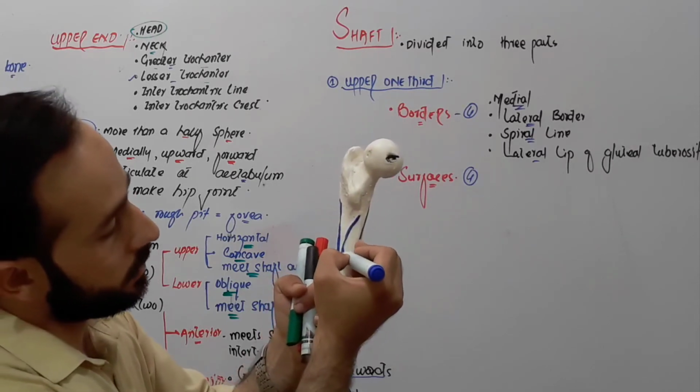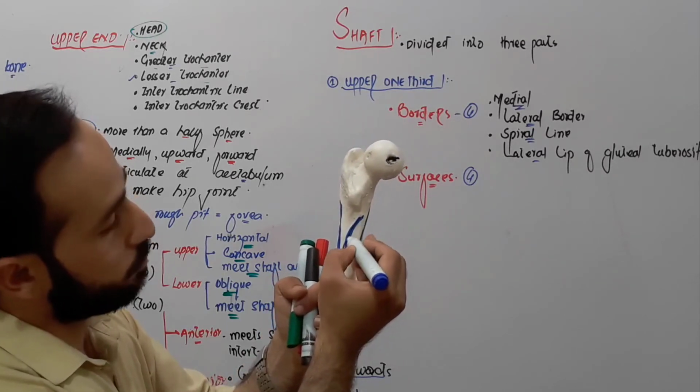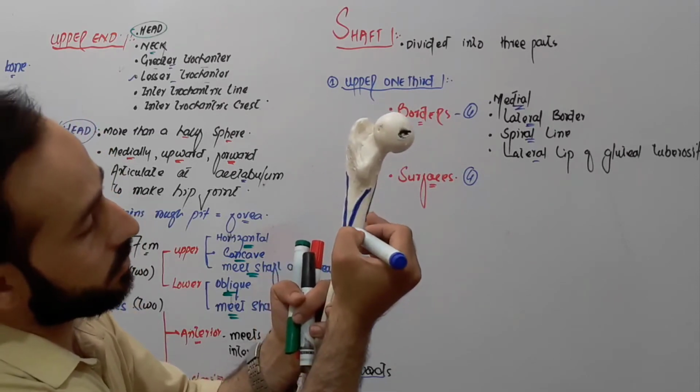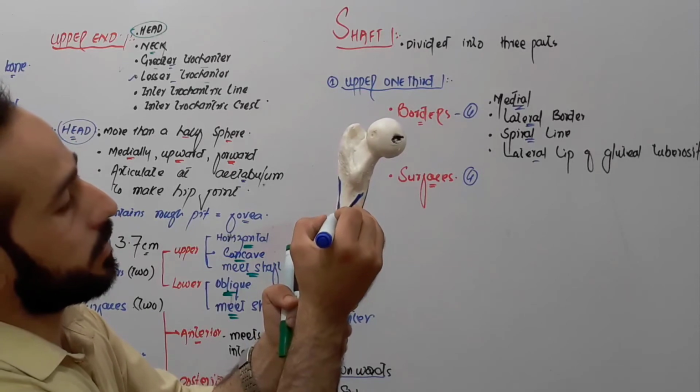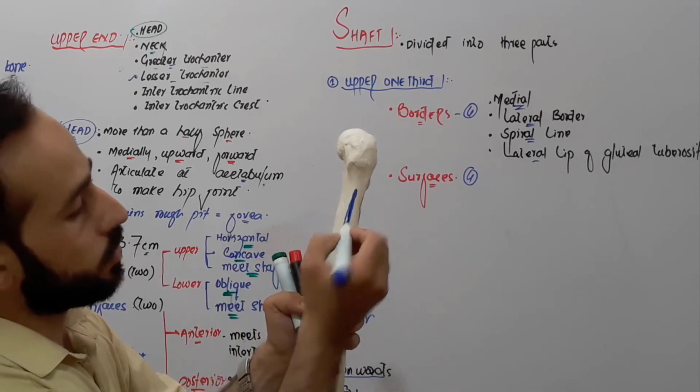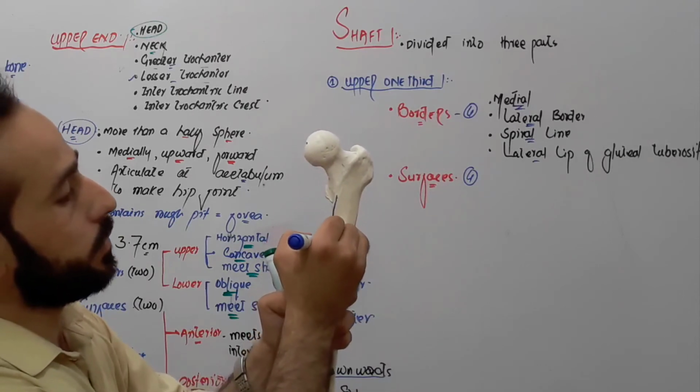And then there is the spiral line, right? So the spiral line makes a border, the lateral lip of the gluteal tuberosity, then there is the lateral border, and then there is the medial border.